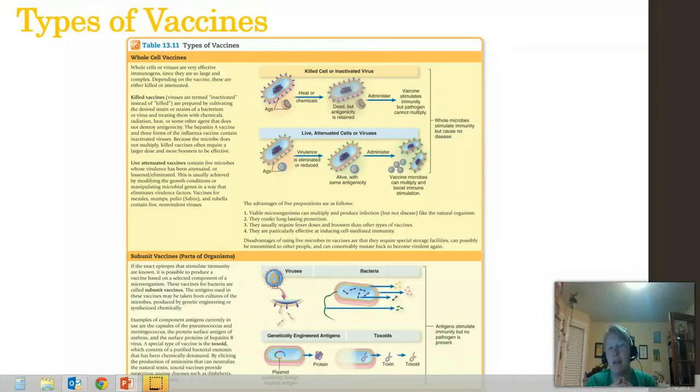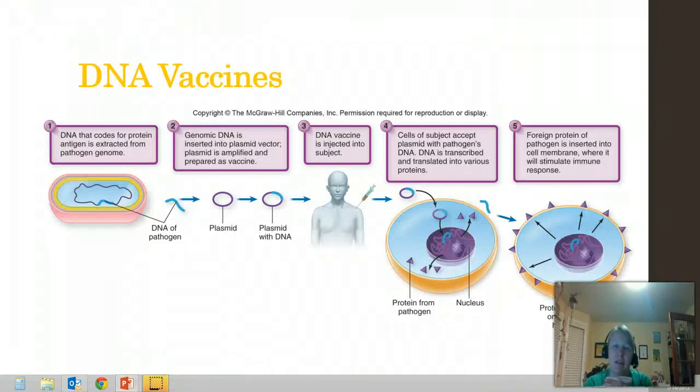The first is that they're a lot harder to develop, because you have to determine exactly which item is going to cause the most antigenicity and is going to be the best target for a vaccine. The second being that because they're purified, they're a lot more expensive to produce, and so that's where the trade-off is in subunit vaccines.